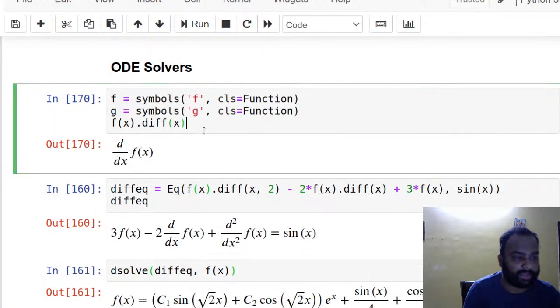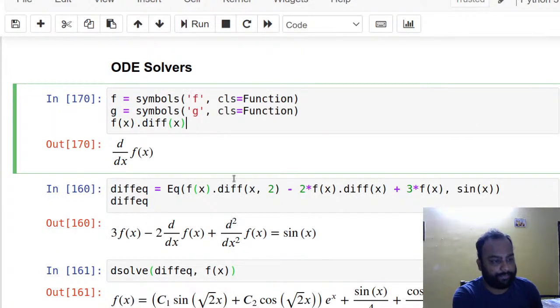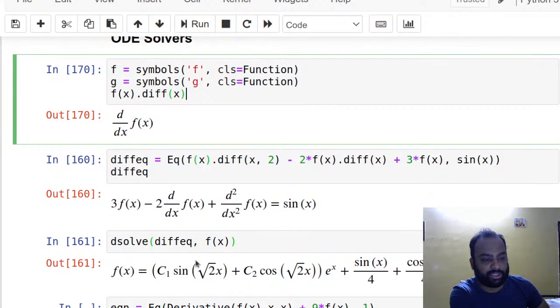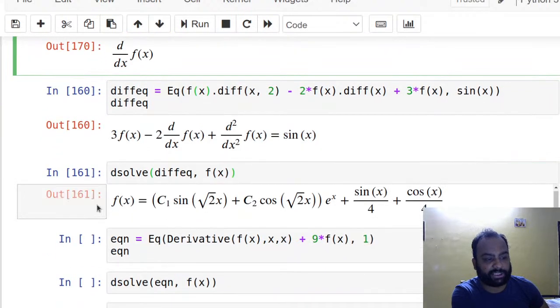Just to show you, the same thing will happen here. Because the point is that you want to calculate something for f(x), but you don't want to pre-assign it, because the solution is going to turn out to be a function of f, right? So that is what it is.